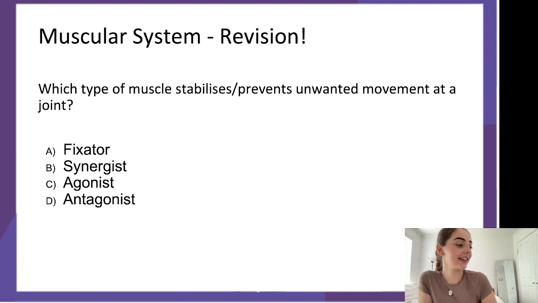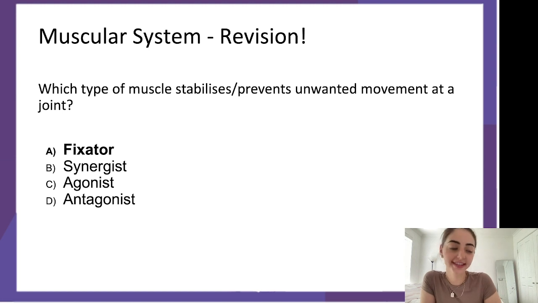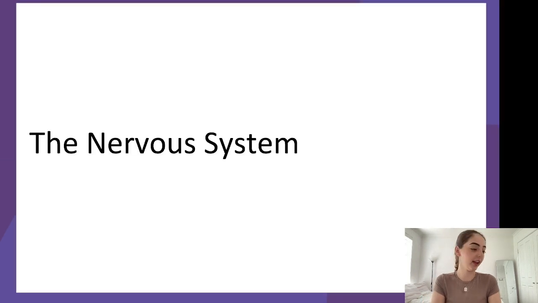All right. Cool. Fixator, yeah. This is just kind of memorization, but yeah, A. So well done to everyone that did A.